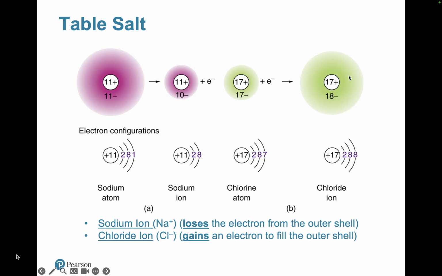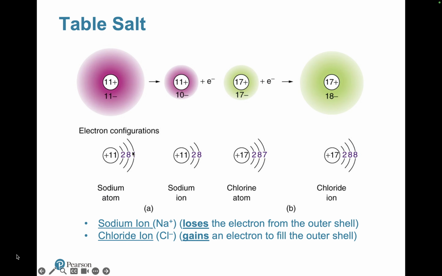Chlorine does, right? And here's the chlorine atom right here that has 17 electrons. And then it will steal or take the electron that sodium gave up, and then it will have 8 electrons in its outer shell. And now it's got a full outer shell of 8 electrons, right? So you can see it by numbers here.